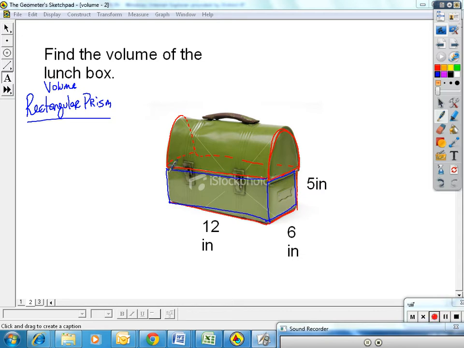Then we will look at the half cylinder, and we'll find the volume of half the cylinder. With any luck, we'll be able to add those together and have the volume of the lunchbox.